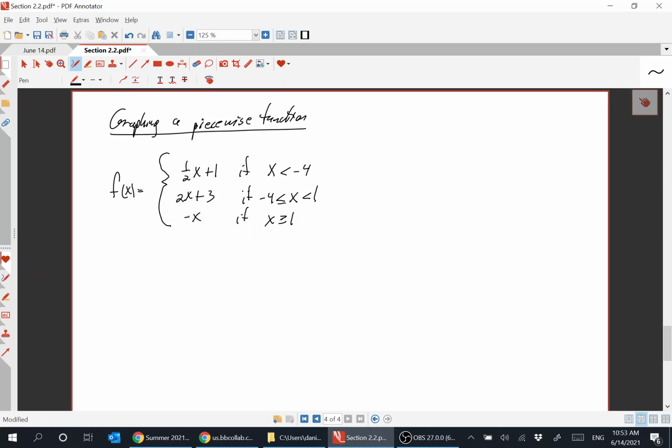Notice each piece of this piecewise function is linear. So I'm going to have 3 lines. Okay, I just have to be careful where I place each line. Let's get an x and a y axis.